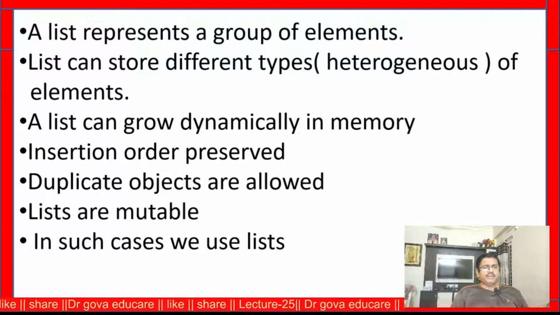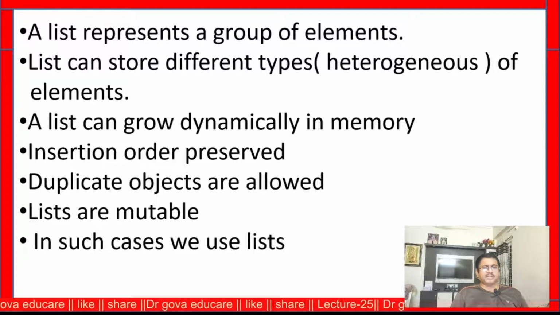A list represents a group of elements. A list can store different types of elements, that is heterogeneous elements. A list can grow dynamically in memory. That means we can increase or decrease the size of the list during runtime. That is the dynamic nature of a list.